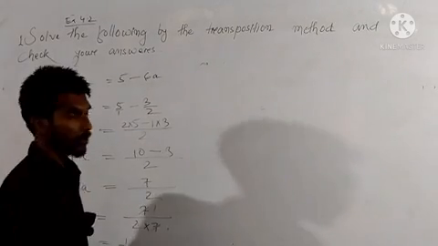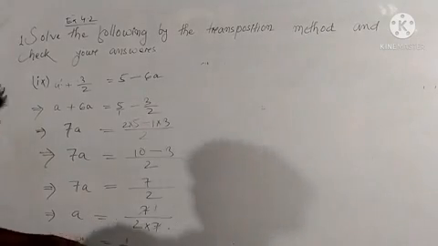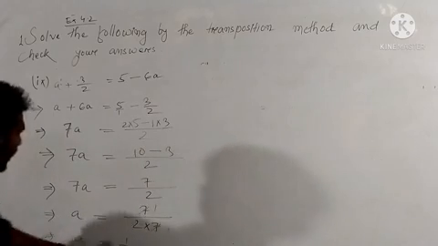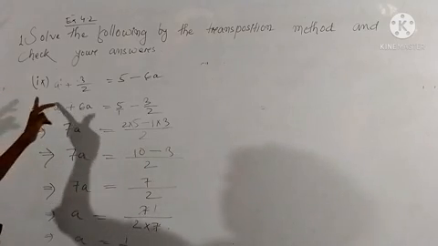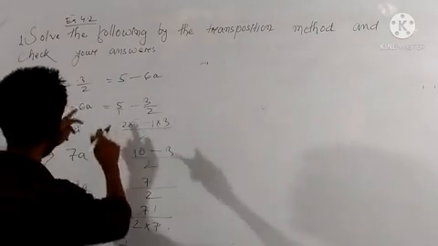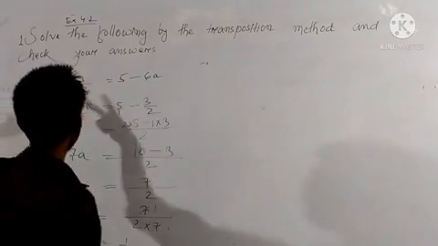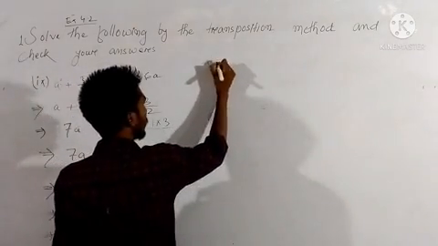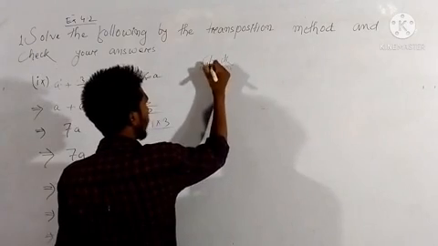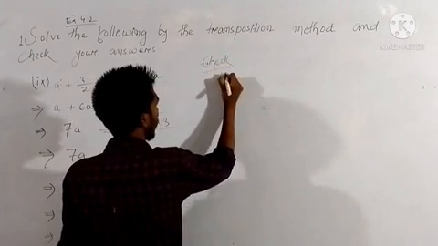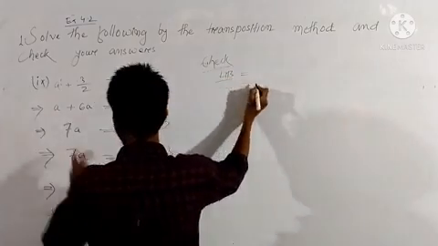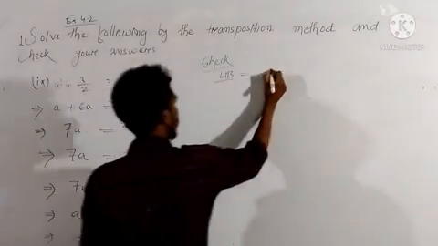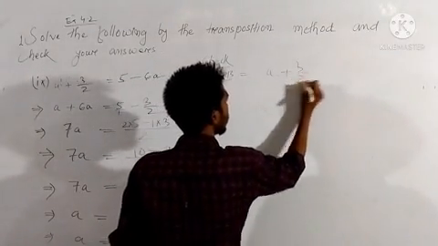Also, now check this statement. When we solve this, is the answer correct or not? Now we have to check. We have to find the value of the left hand side and then the right hand side because both sides have the variable. First we take the left hand side. The first statement on the left hand side is a plus 3 by 2.